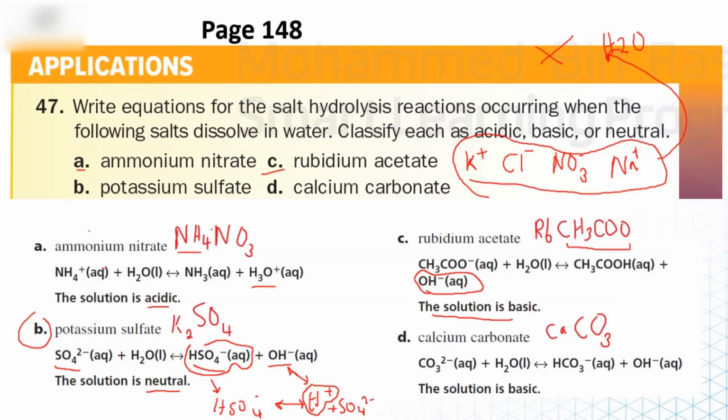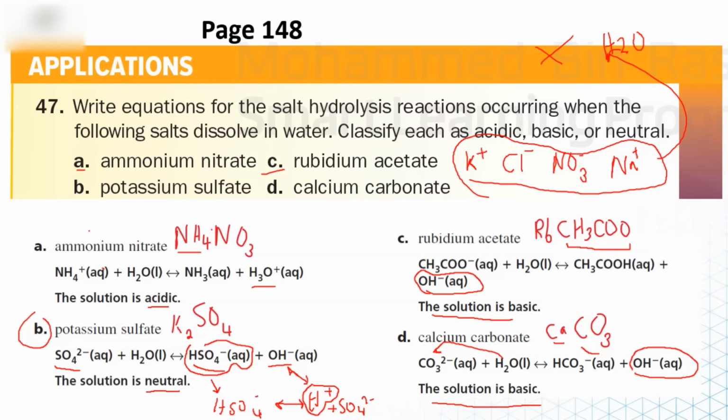Now, also in calcium carbonate, the Ca will not react, the CO3 is going to react with water. It's going to get an H from water, like Bronsted-Lowry acid-base reactions, if you remember from lessons 1 and 2, producing OH minus, and the solution is going to be basic.